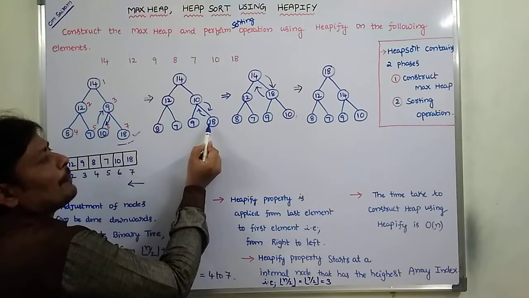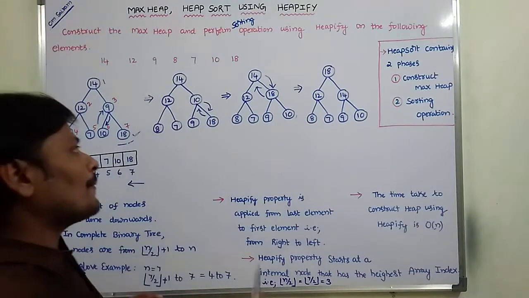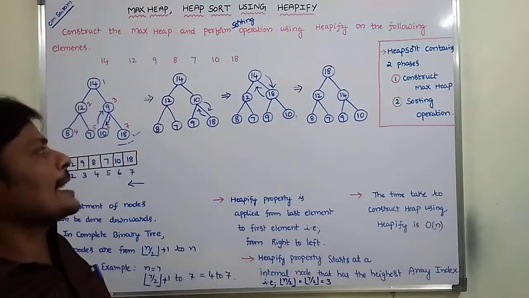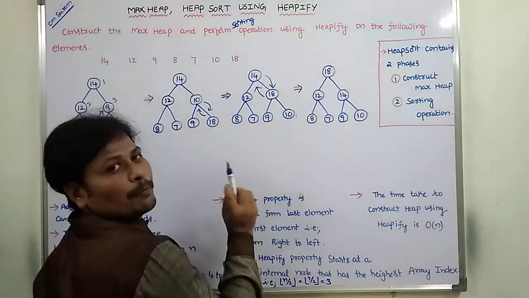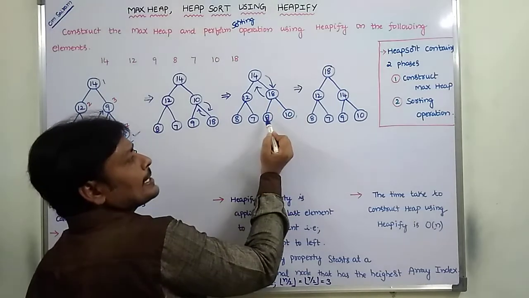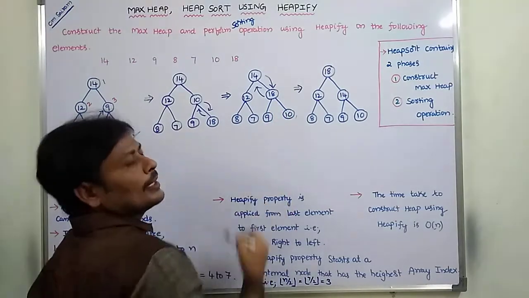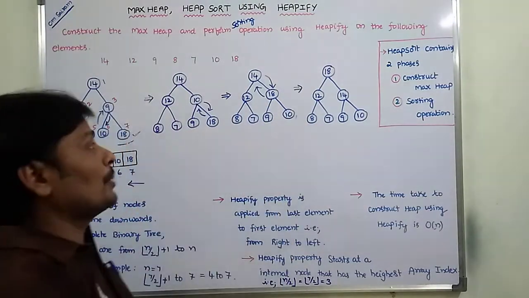After performing the swap, 18 goes up, 10 goes down. After performing the swap, again we have to check whether the maximum heap property is satisfied at index 3. 18 is compared with 9, it is true. 18 is compared with 10, it is true. So it satisfies the maximum heap property.